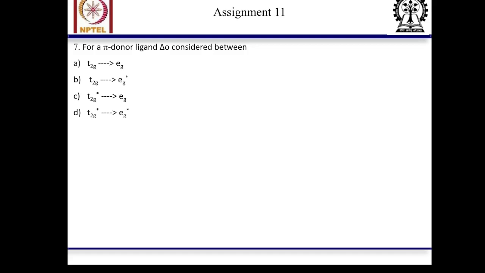Can anyone write in the chat box what delta 0 is considered between for a pi donor ligand?